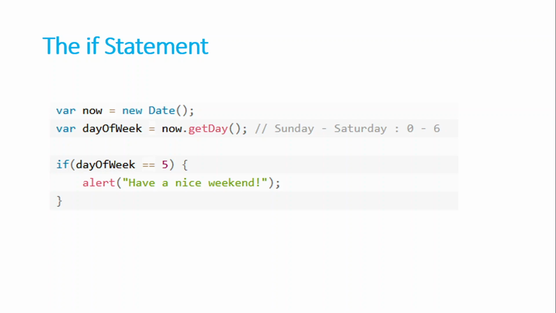Now we are checking that day of the week variable in which we have the index of the day of the week, and then we are checking if the day of the week equals 5. If the index of the day of week is 5, then you have to print alert, have a nice weekend.